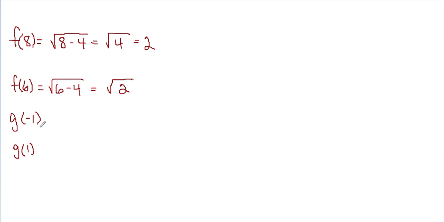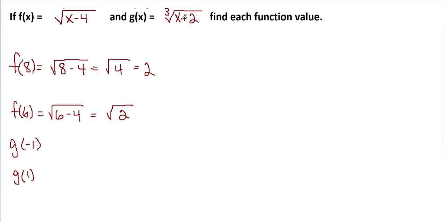All right, how about g of -1? Now we're switching functions over to g, and I'm going to substitute -1 for the x only. So this is the cube root. So I'm going to have the cube root of -1 plus 2, which equals the cube root of 1, which equals 1.